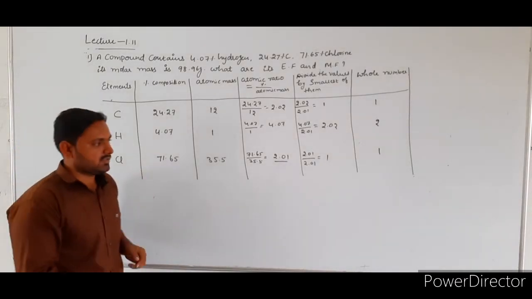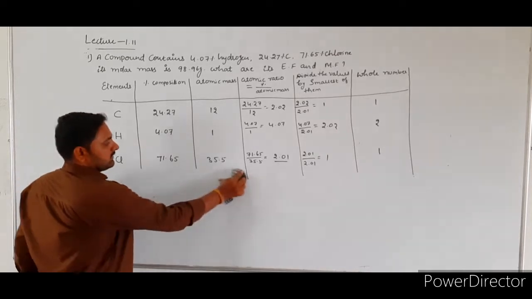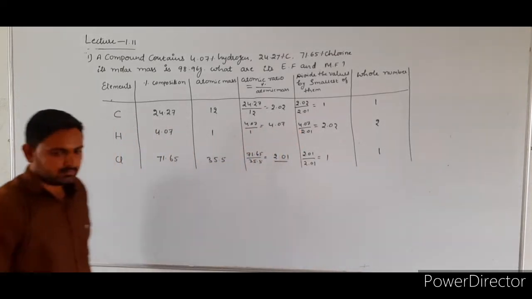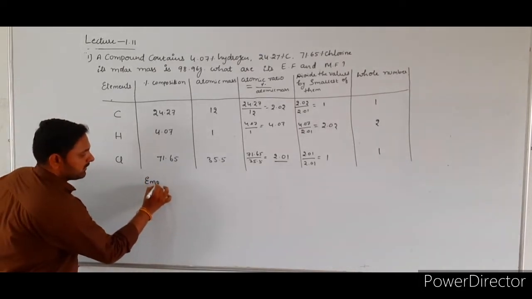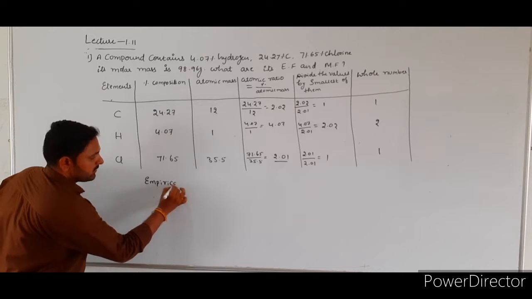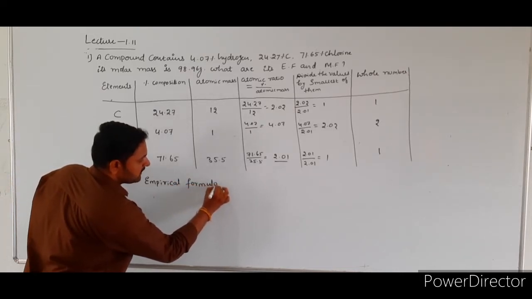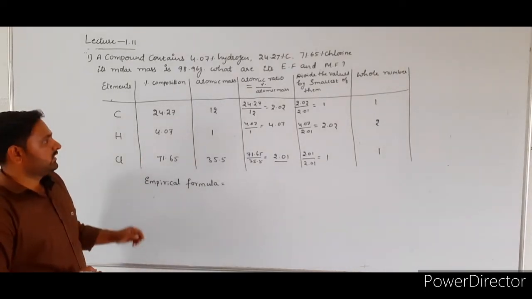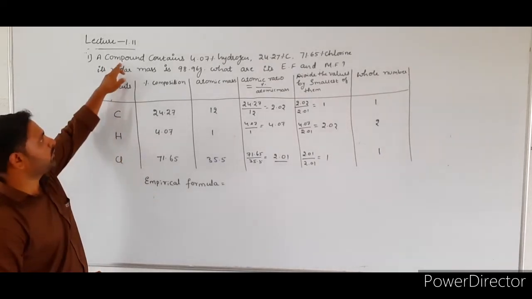Okay. Next, now we will write the empirical formula. Empirical formula means what? It is the simplest whole number ratio of atoms of different elements in the compound, right?